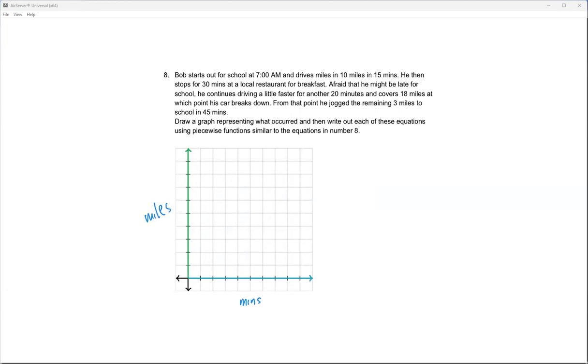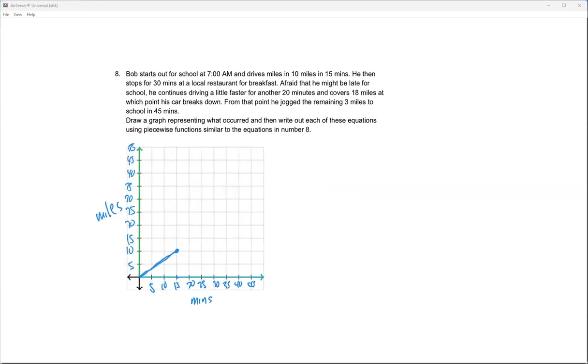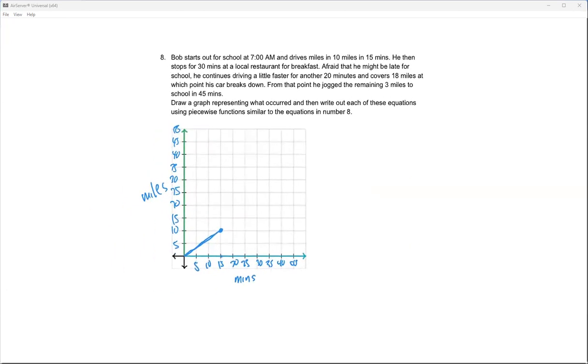So in 15 minutes, let's just do it in 5, 10, 15, 20, 25, 30, 35, 40, 45, 50. All right, and then 10 miles in 15 minutes, so 10, 15 is right here. And then he stops at a restaurant for 30 minutes.